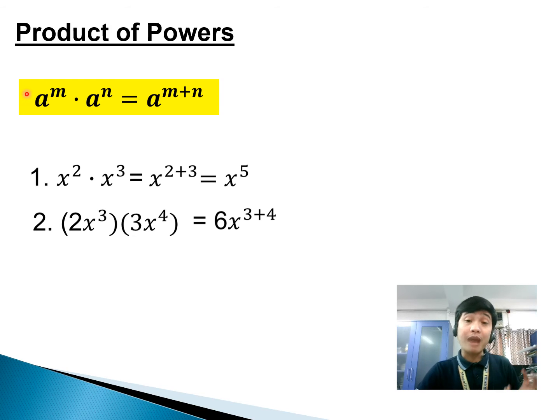So we just simply copy their base, yung x, and then we add their exponents. So 3 plus 4. Simplifying this further, you have 6x raised to 7 as the product of 2x cubed multiplied to 3x raised to the 4th power. So that is the first rule of exponent, which is the product of powers.